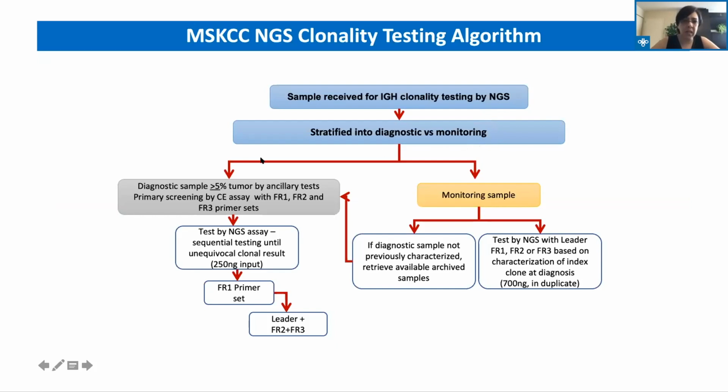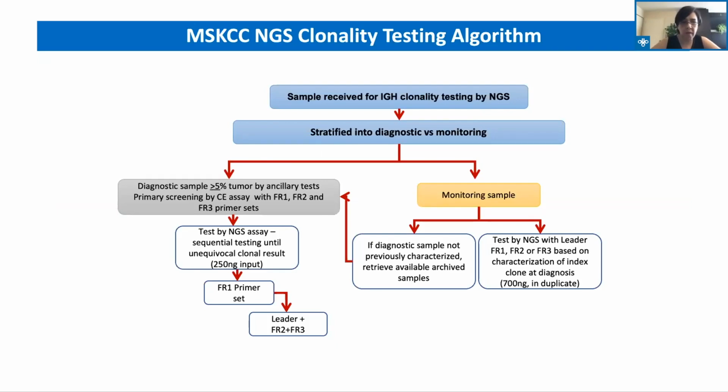For all diagnostic samples that have more than 5% tumor content, these are suitable for clonal rearrangement or for characterization of the clone. When the sample has less than 5% tumor, we usually look for another sample so that we can do a proper characterization. We generally sequence in a staged fashion.